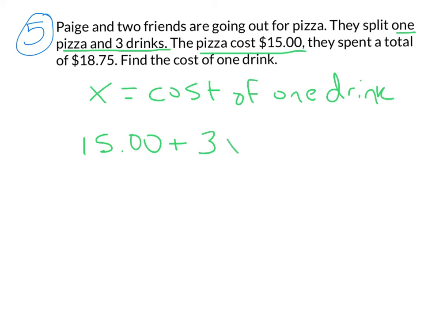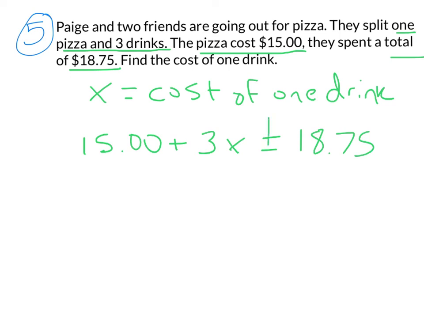If we have 3 drinks, we have to multiply x by 3. The total, as it says here, is $18.75. Well, so that's what it equals. When you have the total, that's the equal portion of my equation. So $18.75 here. So there's my equation here.